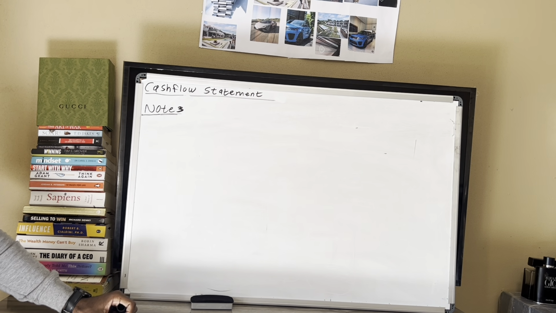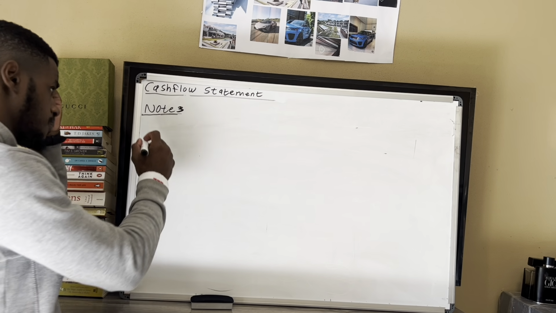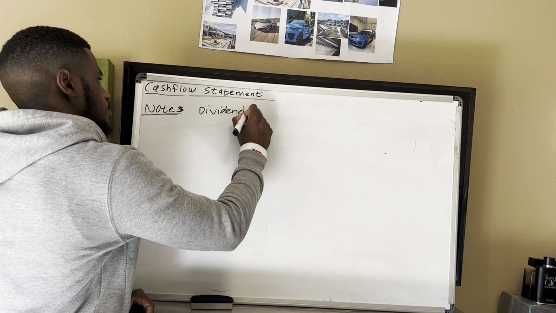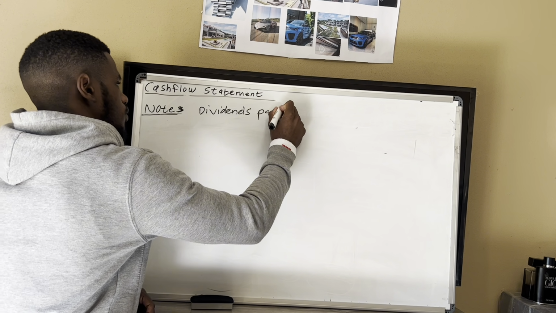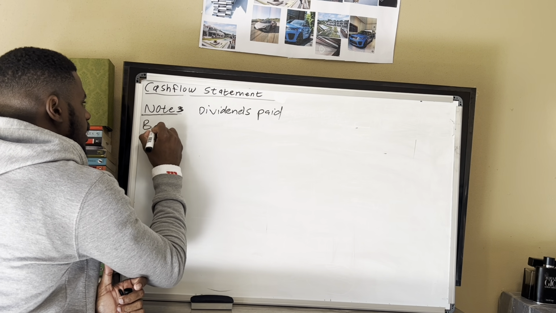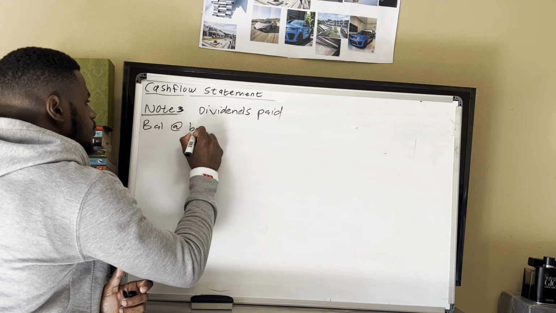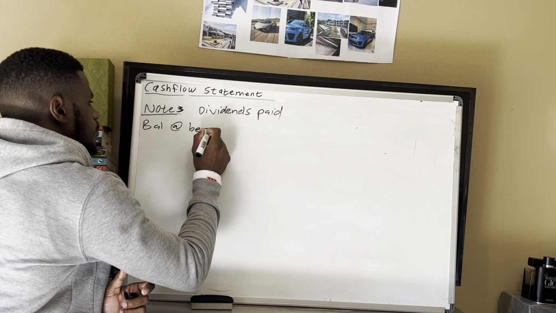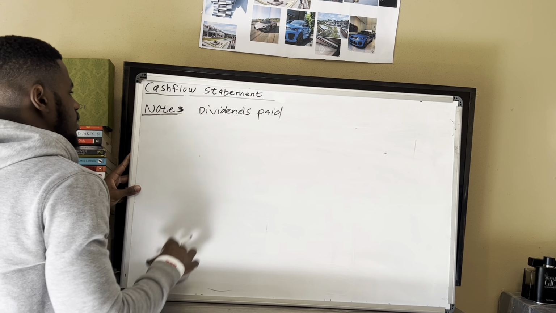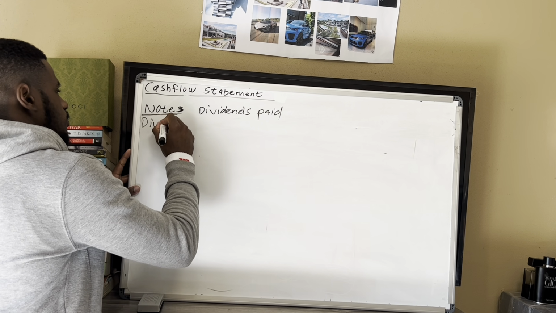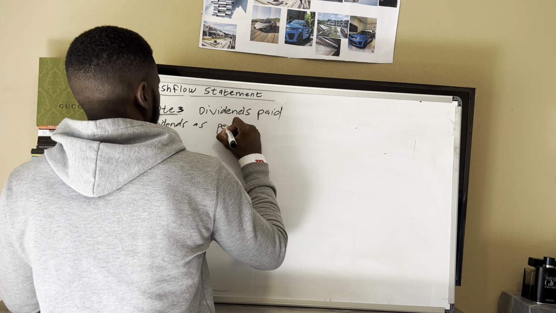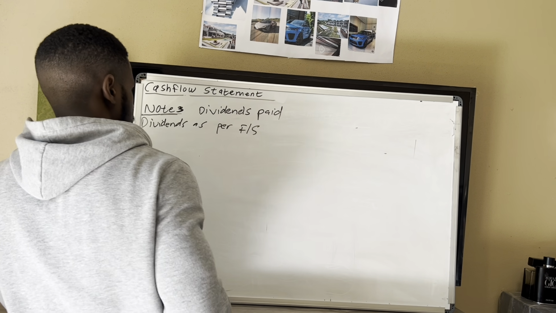Then we have our note number 3, which is dividends paid. Dividends paid is going to be balance at the beginning, and before that we're going to have dividends as per financial statement.